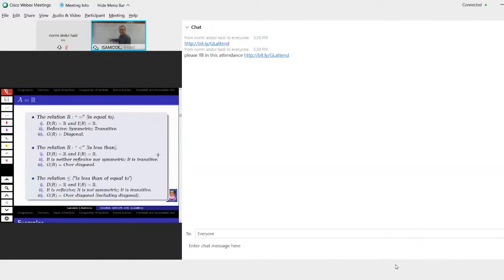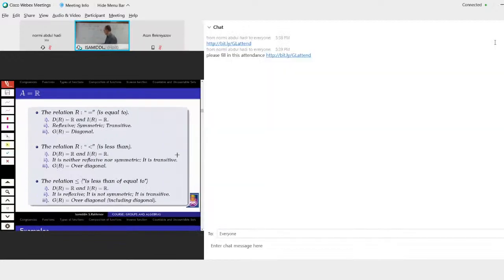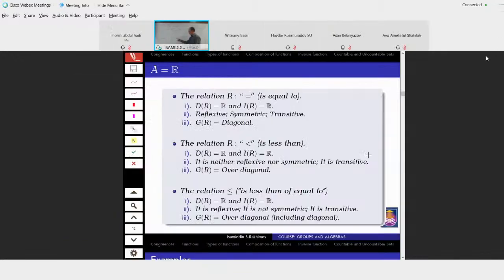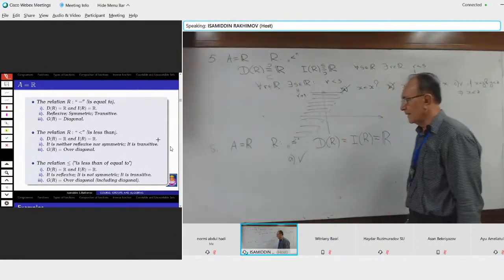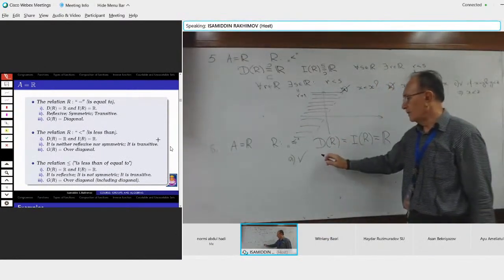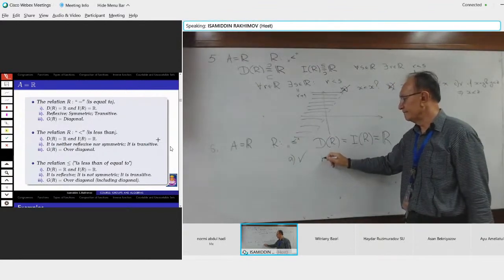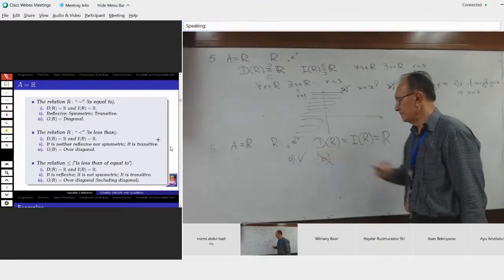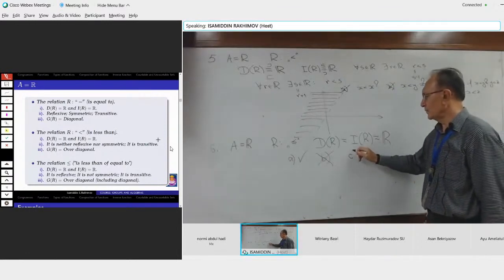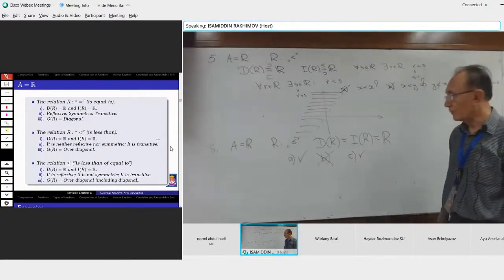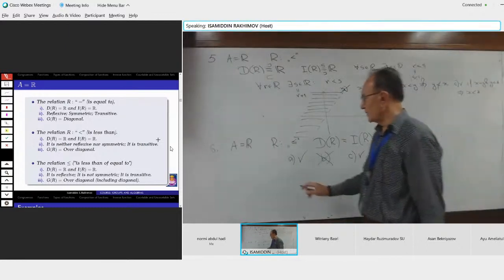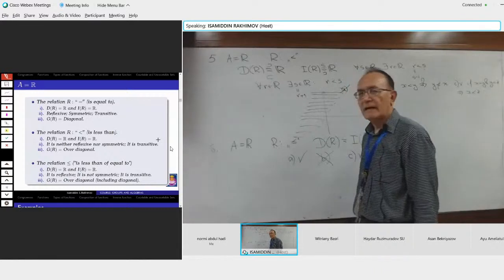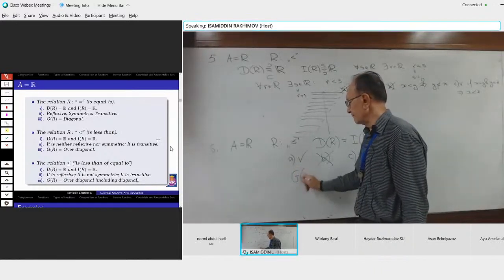Because of this equality, x is less than or equal to x itself, so reflexivity holds. Symmetricity doesn't hold. Transitivity holds. So these are the properties. You can see it's not an equivalence relation.